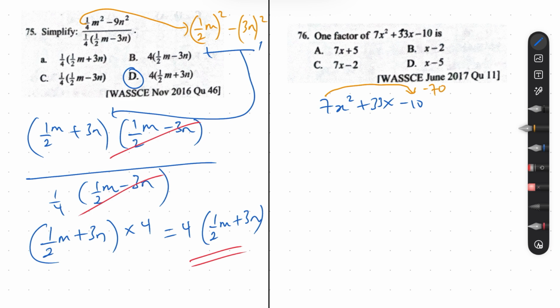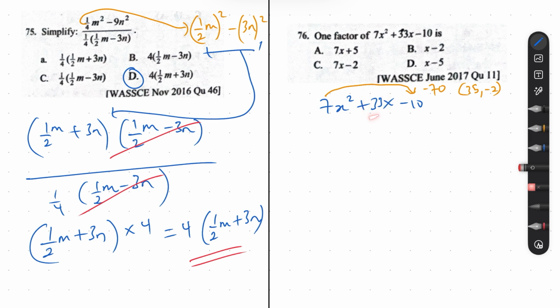So now we need to find our two factors such that when we multiply them, we get negative 70, and when we add them, we get positive 33. Our factors are what? Positive 35 and negative 2. When you multiply them, you get negative 70, and when you add them, you get the coefficient of x, which is 33.